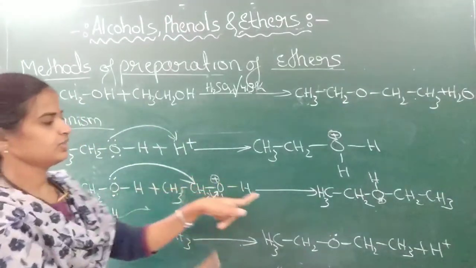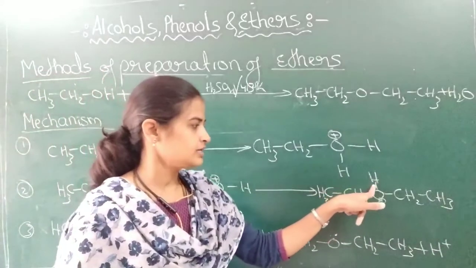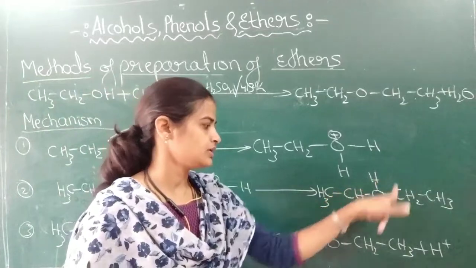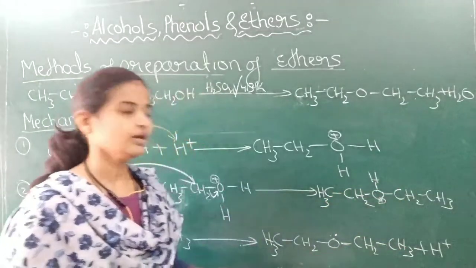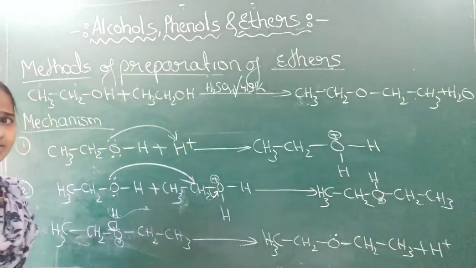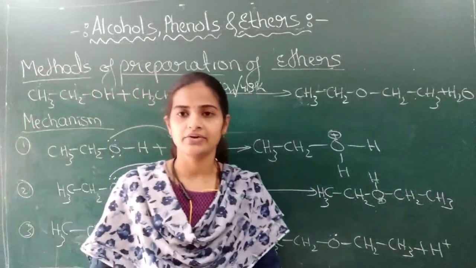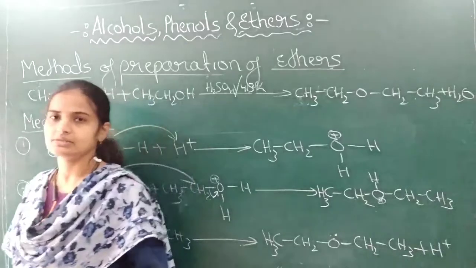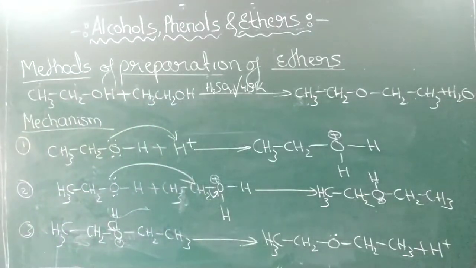The shared pair of electrons comes back to the oxygen, and this proton goes out by forming the ether. This is the mechanism involved in the dehydration of alcohols to form ethers.